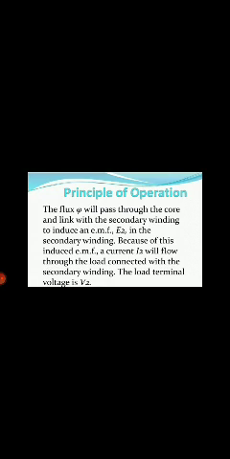The flux phi will pass through the core and link with the secondary winding to induce an EMF E2 in the secondary winding. Because of this induced EMF, a current I2 will flow through the load connected with the secondary winding. The load terminal voltage is V2, so we get the secondary voltage V2 across the load.